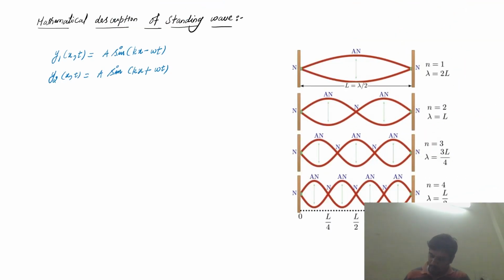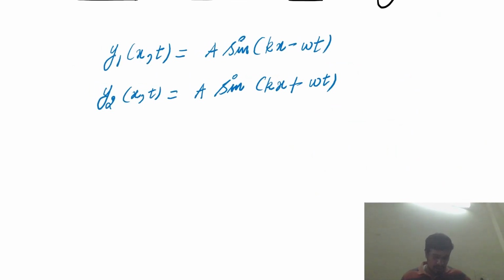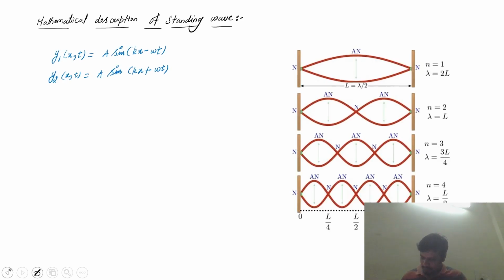So the resultant wave, y as a function of x comma t, will be equal to the sum of the produced wave y1(x,t) plus the reflected wave y2(x,t).